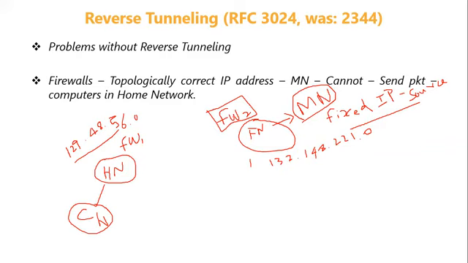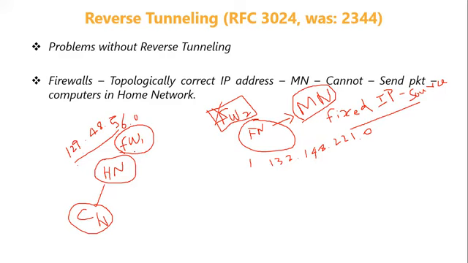But assume that this firewall has allowed it, or there is no firewall here. Then the data will come to the home network, but the firewall in the home network also will not allow it. Why? The reason is that the mobile node is currently outside this particular intranet.